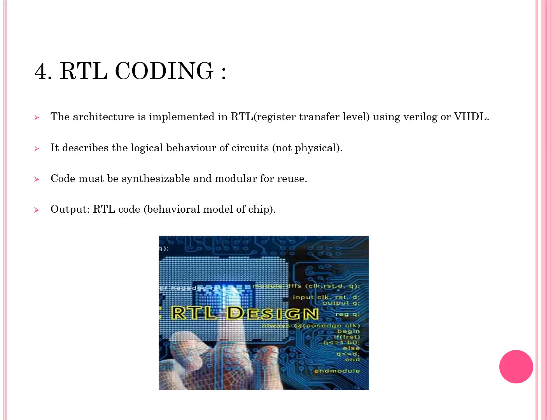It's very important that the code is synthesizable, meaning it can be converted into actual hardware during synthesis, and it should be modular so it can be reused in other designs. The final output of this stage is the RTL code, which represents the behavioral model of the chip, ready for verification and synthesis.